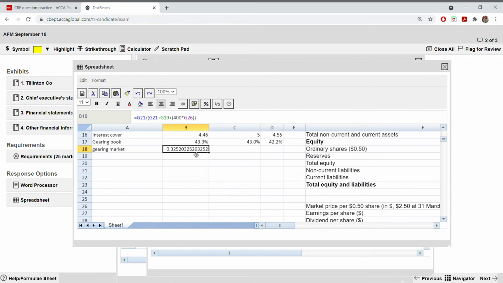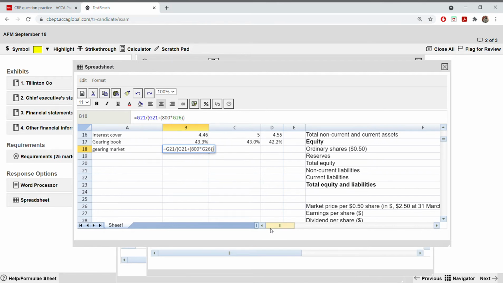So this is what happens when we don't know how to calculate the market value of share capital as a percentage. Let's not take the reserves, and let's take this as 800. Yes, now it's correct. You don't take reserves in the market value. You just take non-current, divided by non-current plus your share capital.